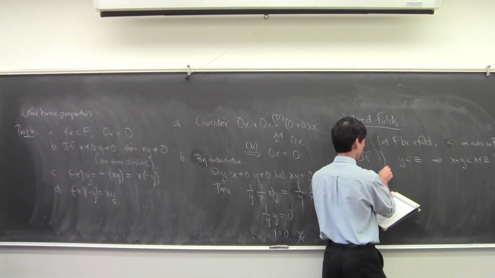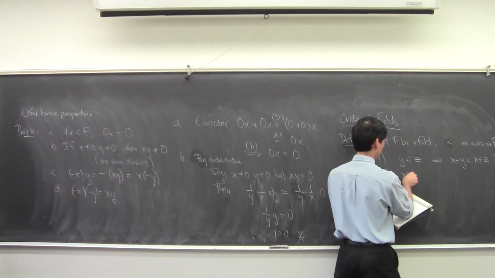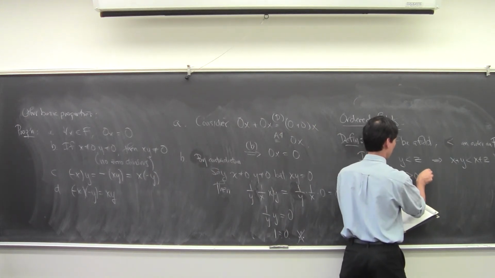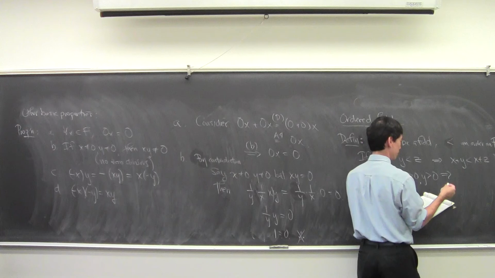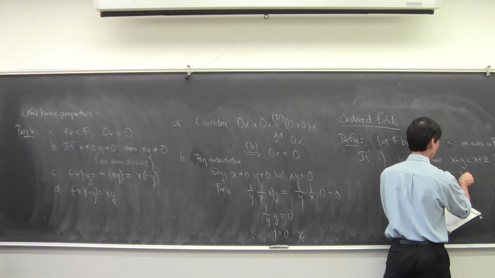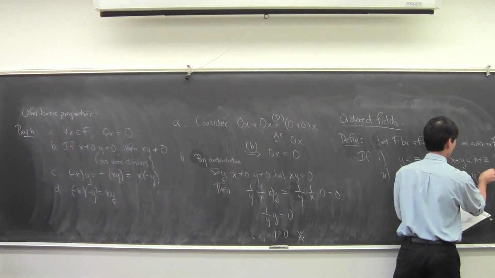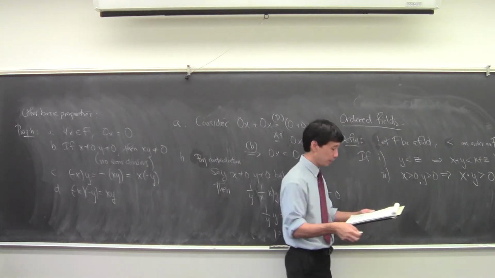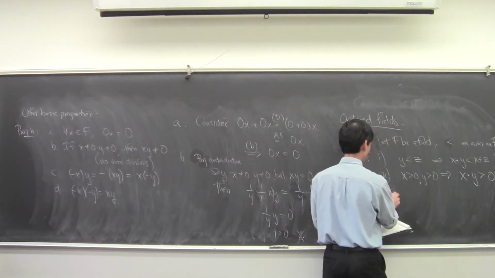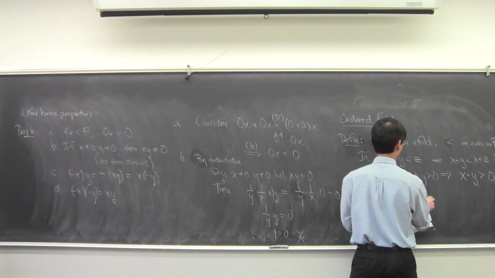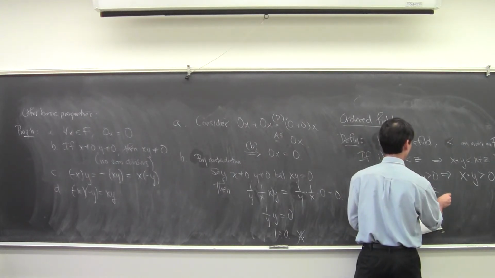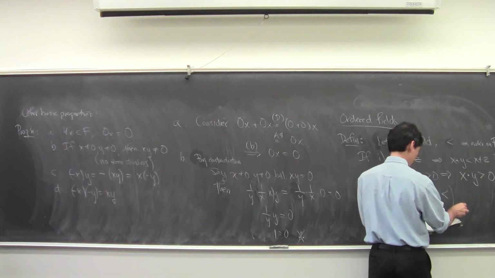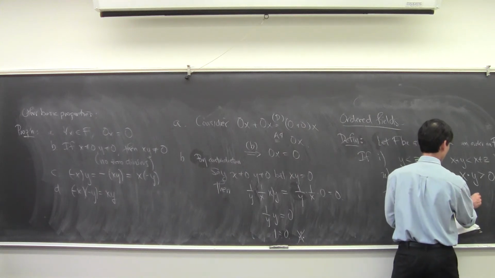And two, whenever x and y are bigger than the additive identity, then the product is still bigger than that additive identity. Then we call the field with this ordering an ordered field.